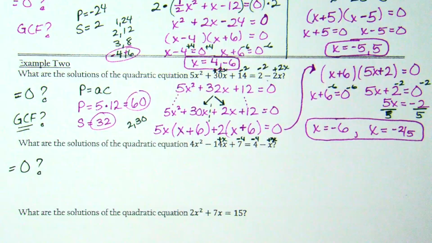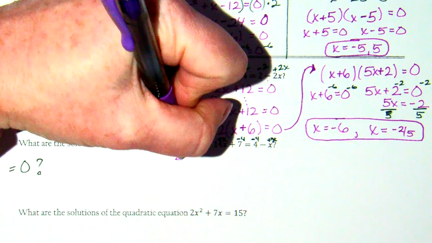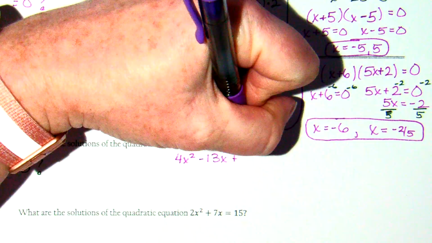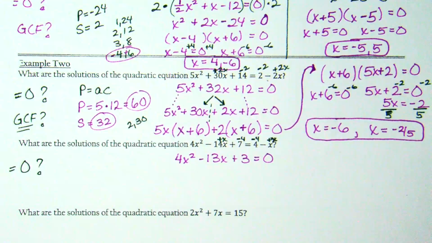Okay, so clean it up. 4x squared minus 13x plus 3 equals 0. Is there a GCF?